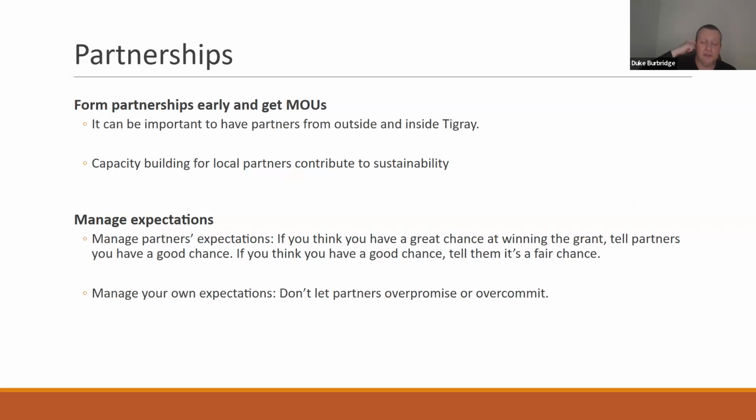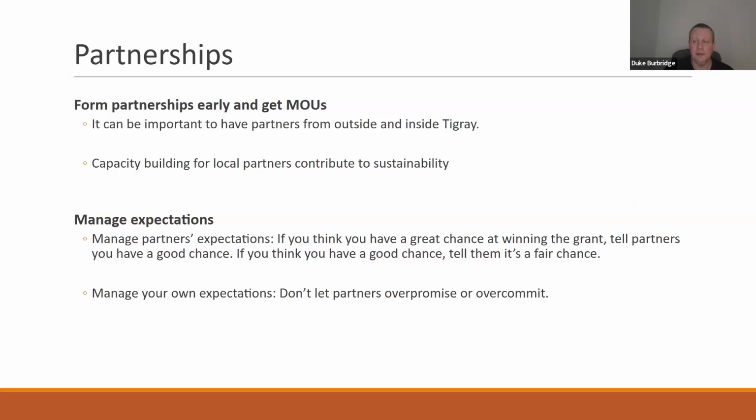With partnerships, it's basic common sense. You want to form a partnership early in the process, get MOUs prior to even writing the proposal. Before you even go for a proposal, it'd be good practice to have MOUs with local organizations.